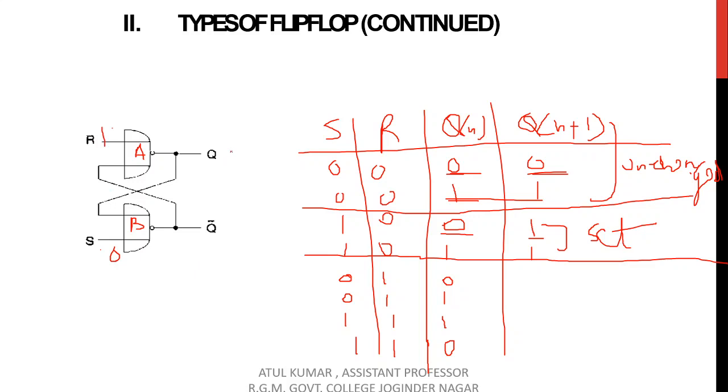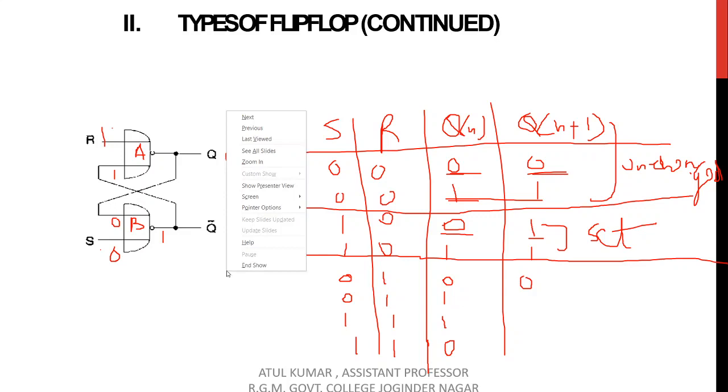And suppose firstly we have Q is equal to 0, so Q is given as input to the second NOR gate, so 0 and 0 the output becomes 1. When 1 is given as input to the first NOR gate, the input value here is 1 and 1, so the output is 0. So here the next output value is 0 when S is equal to 0 and R is equal to 1.